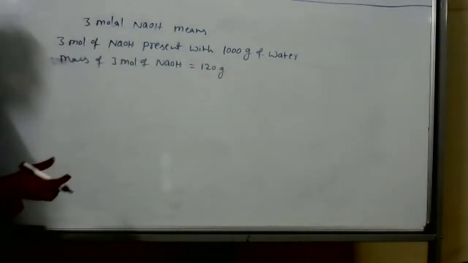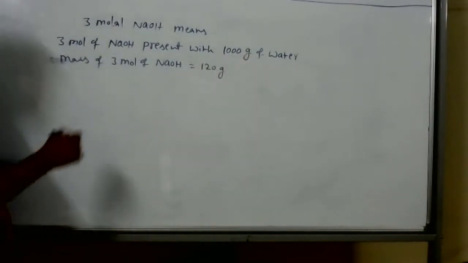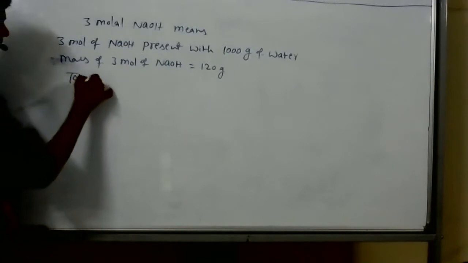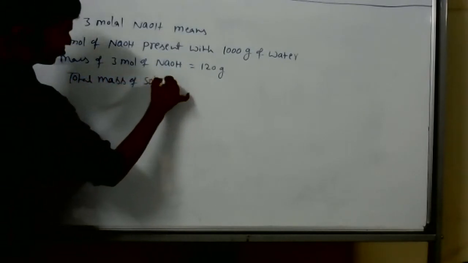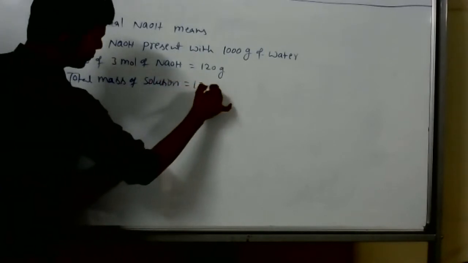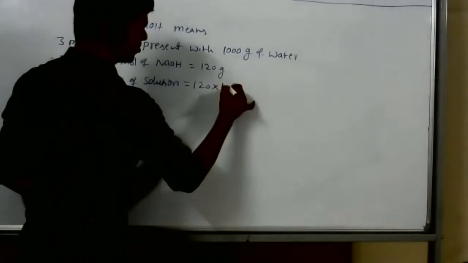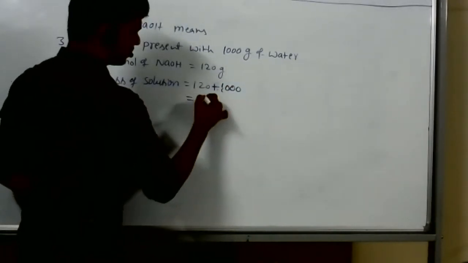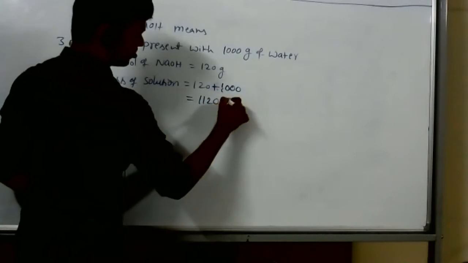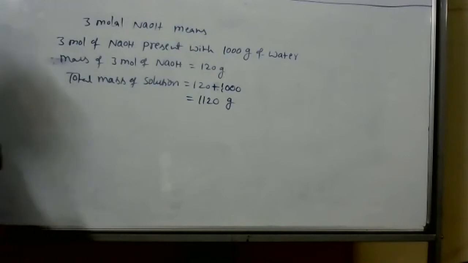So NaOH mass is 120 grams and water mass is 1000 grams. Now the total mass of solution is 120 plus 1000, which is 1120 grams.